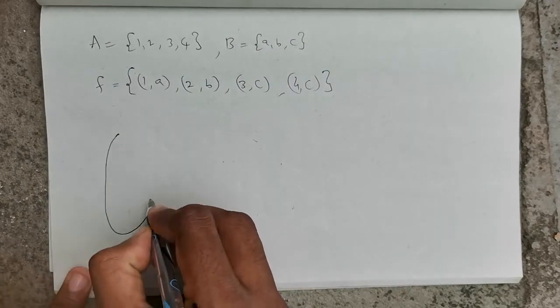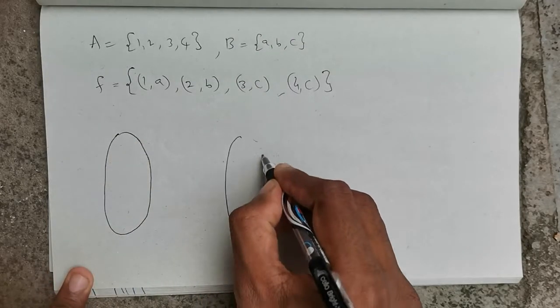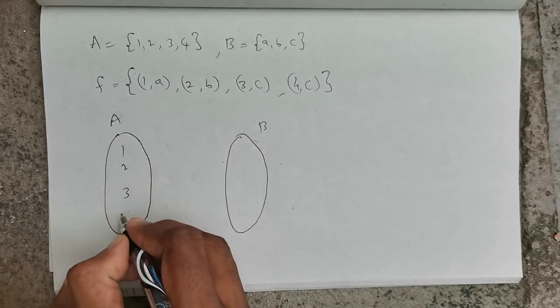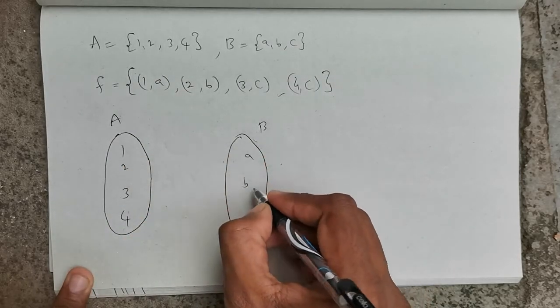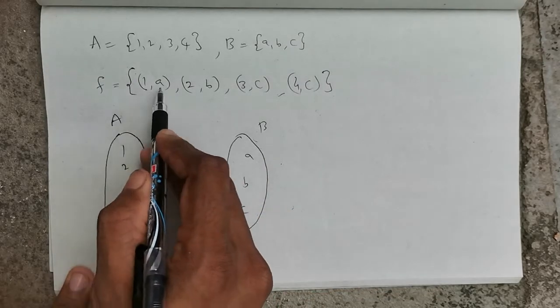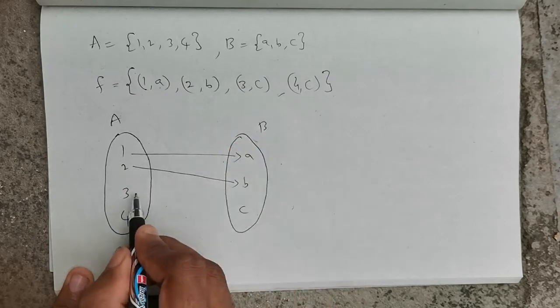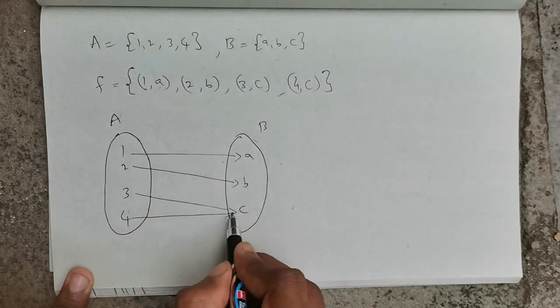So for easy understanding I am going with the figure. Set A, set B. Set A having 1, 2, 3, 4 and set B having A, B, C. 1A, 2B, 3C, 4C.